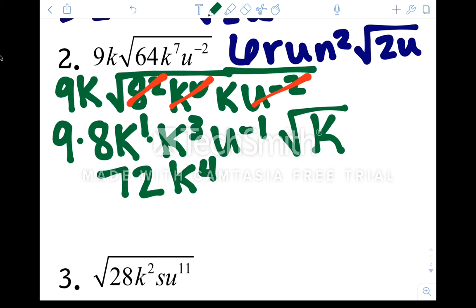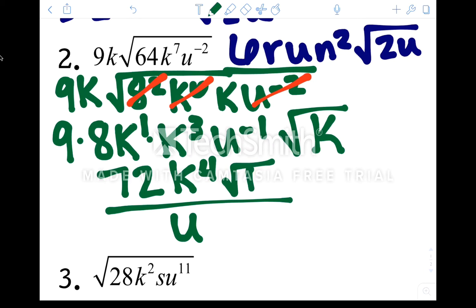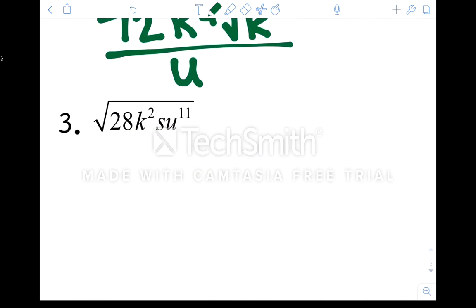So I'm going to move that down to the denominator and make that exponent positive. So u to the positive 1 would just be u. And then don't forget that square root of k tacked onto the end there. This is as simplified as it can be, so I'm done and ready to move on to number 3.